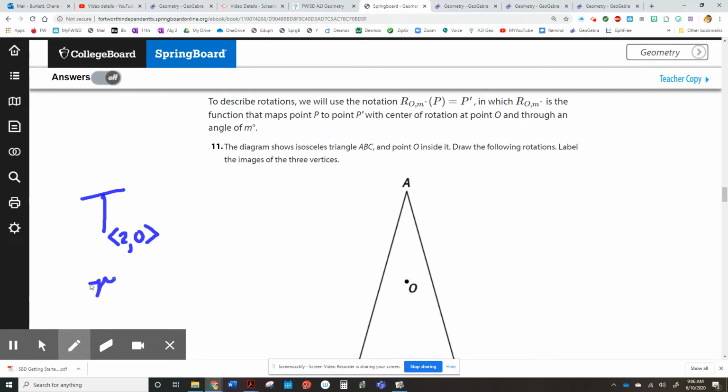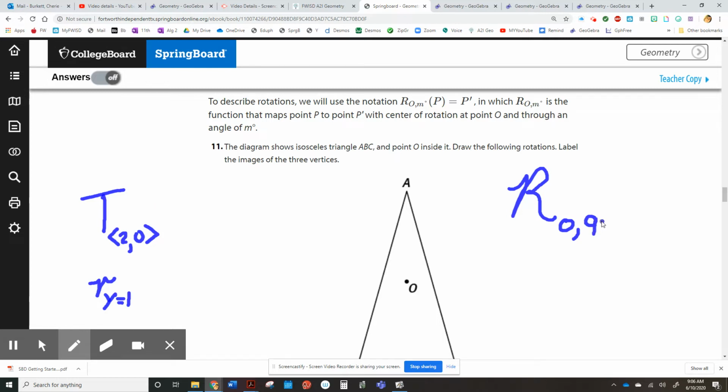The lowercase script r was the reflection, and what we put down there in subscript was the line of reflection. And then this is showing us an italicized or script capital R. The subscript right here is going to be the point of rotation, and then there's going to be some degrees.